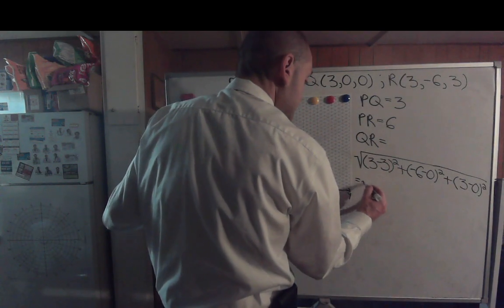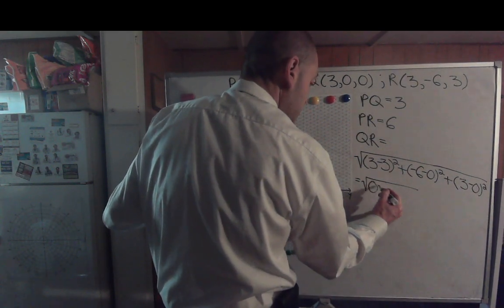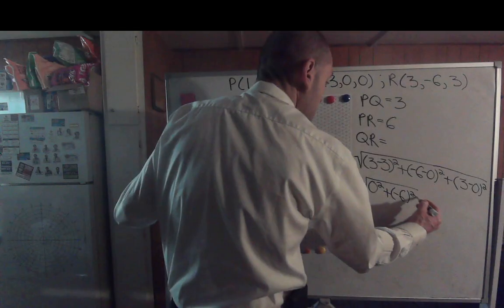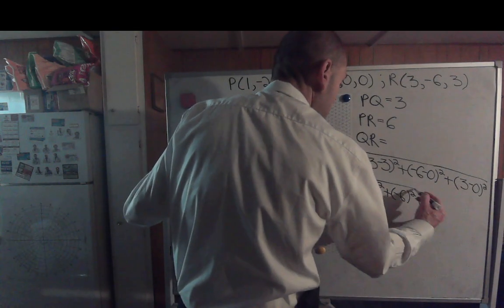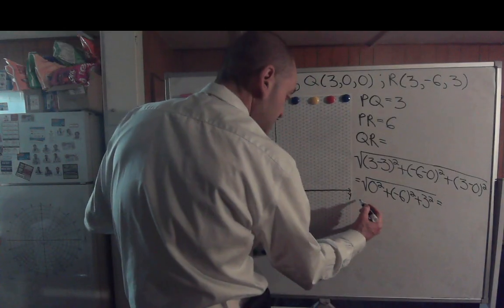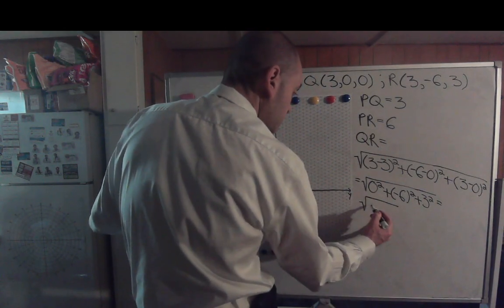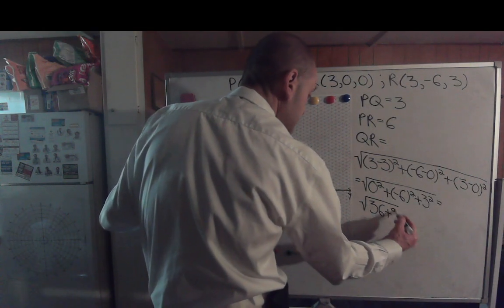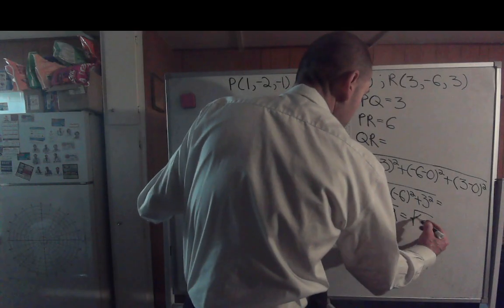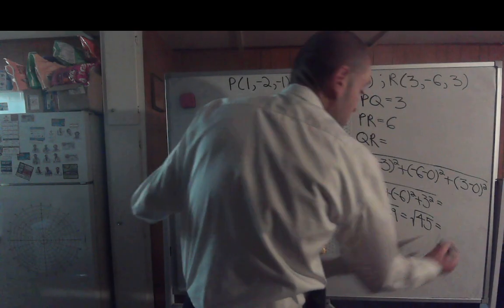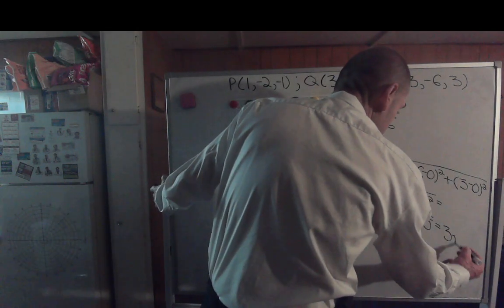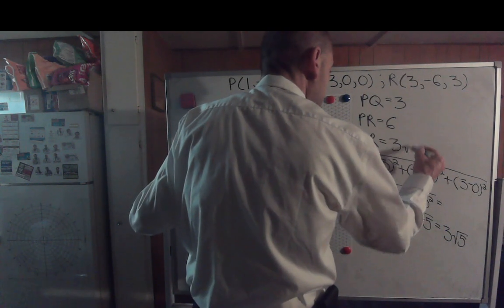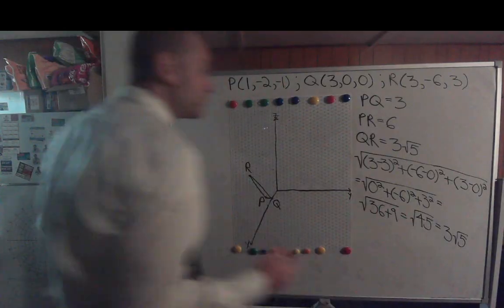This is going to simplify into the square root of 0 squared plus negative 6 squared plus 3 squared. So 0 squared is 0, so this would be the square root of 36 plus 9, which is the square root of 45, which breaks into 3 times the square root of 5. So QR has a length of 3 times the square root of 5.